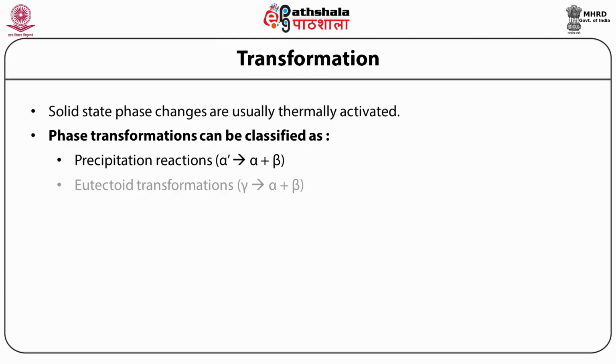This occurs when one solid phase, that is gamma, which is metastable, transforms to the two stable solid phases, that is alpha plus beta.